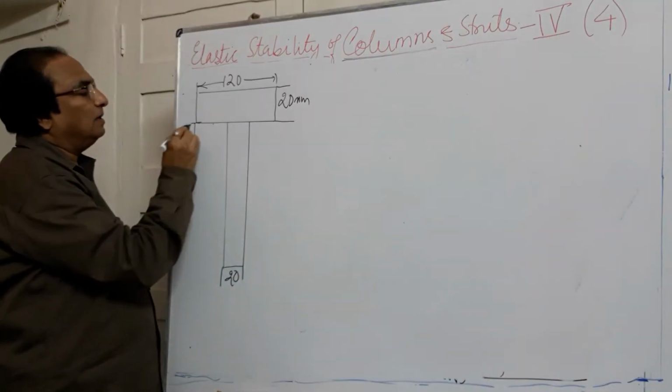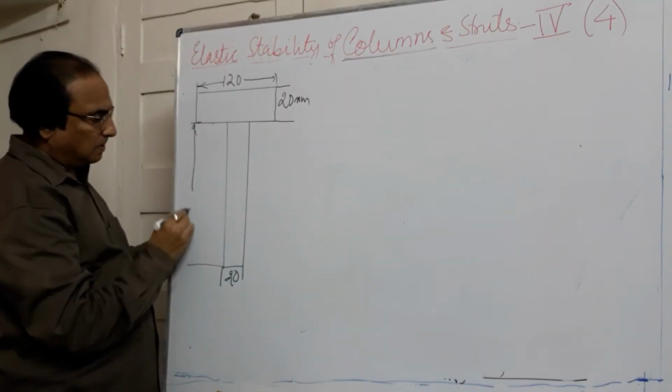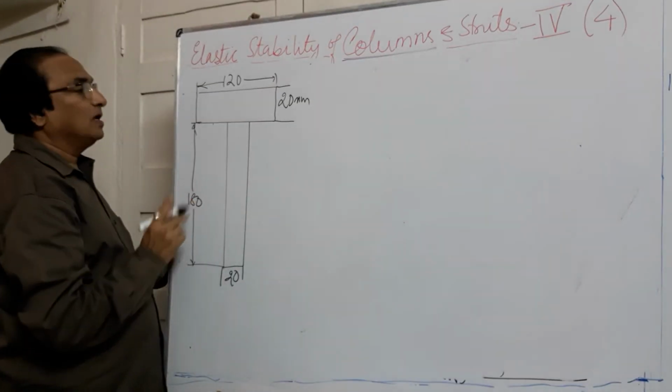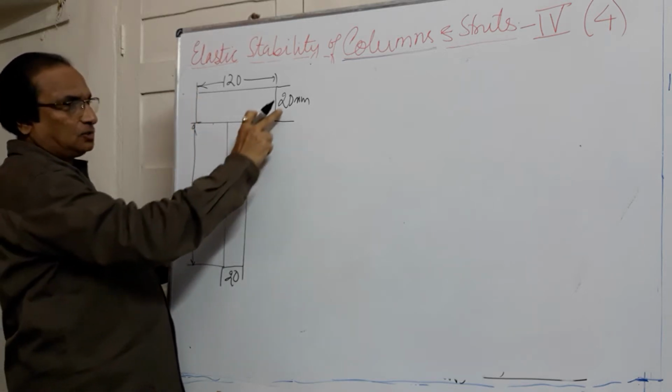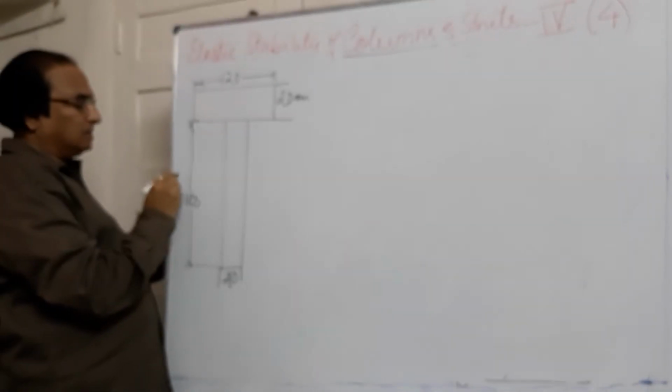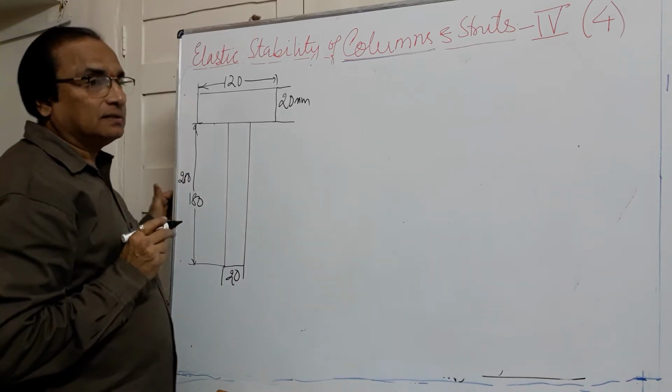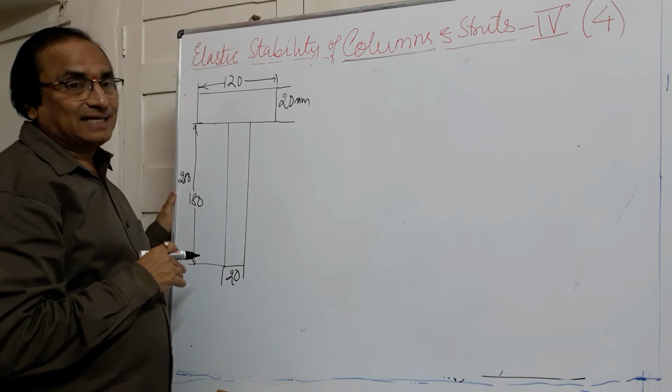And let me take the depth of the web as 180. So the total height will be 180 plus 20, which is 200 mm. Now this is a T section. It is unsymmetrical about the x axis, but it is symmetrical about the y axis.